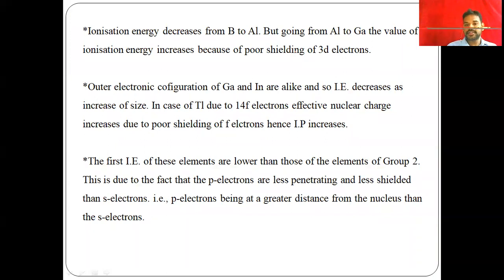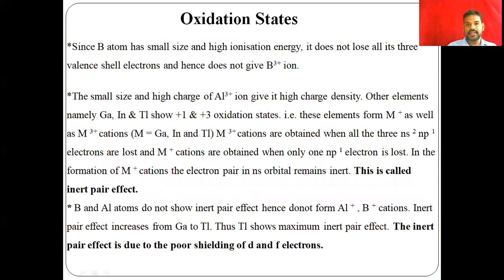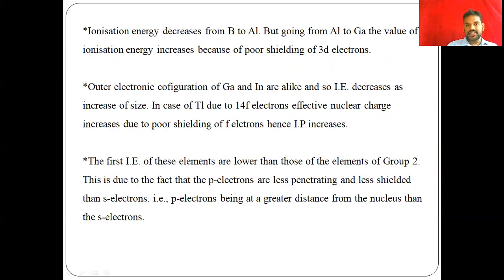The electron is at a greater distance from the nucleus than in the s orbital, so it has a larger size and is further away from the nucleus. So here the ionization energy decreases, and this is about the ionization energy.